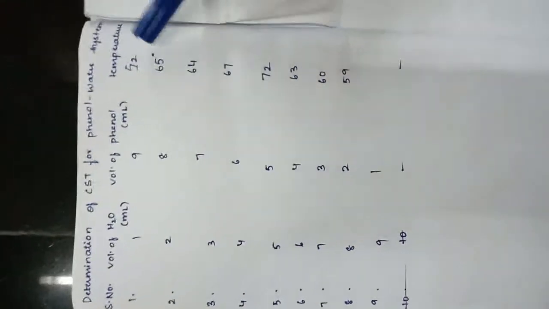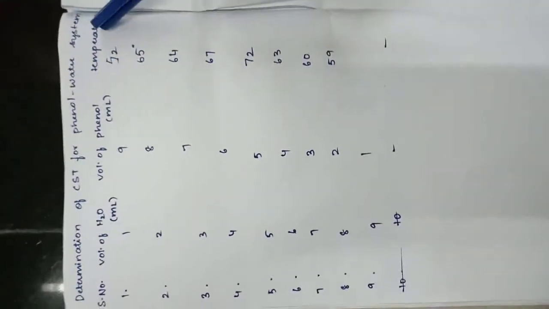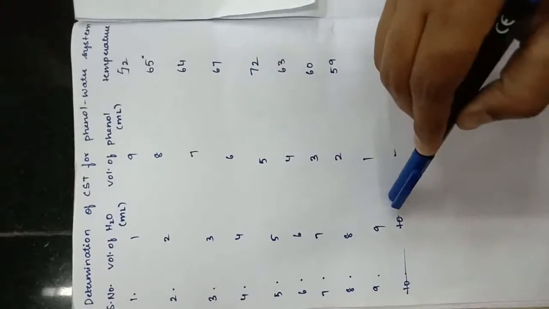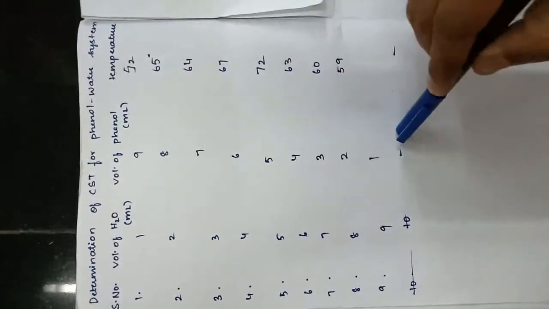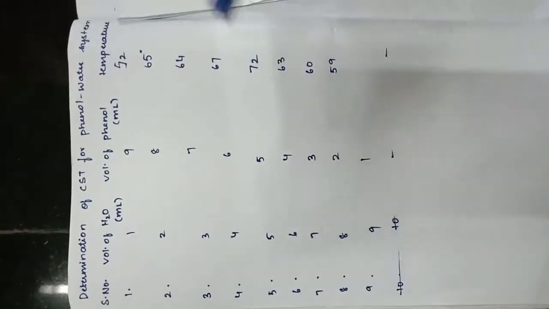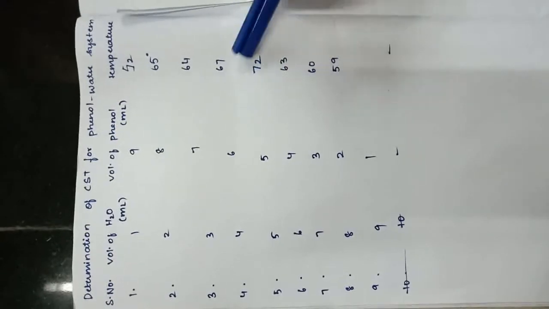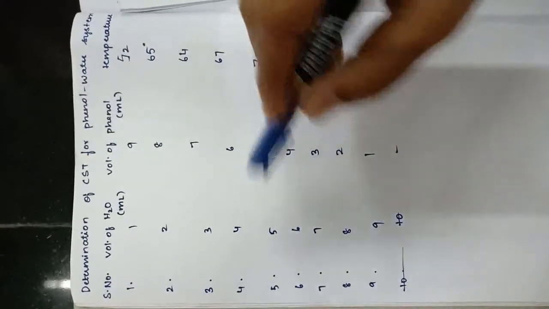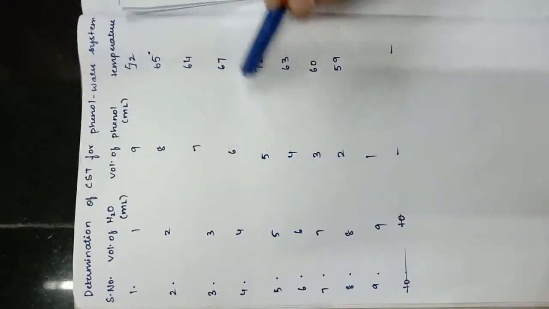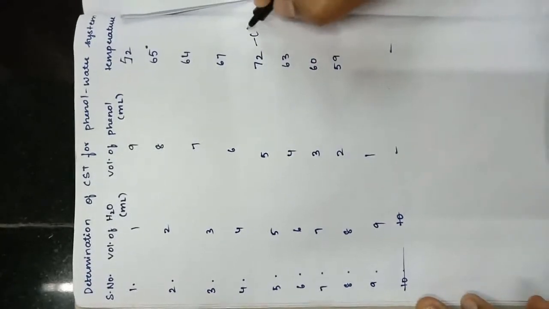Let's consider the tabular column of the phenol water system. With different volumes of water in combination with different volumes of phenol, we get different temperatures, and the highest temperature at which both phenol and water become miscible is called the critical solution temperature.